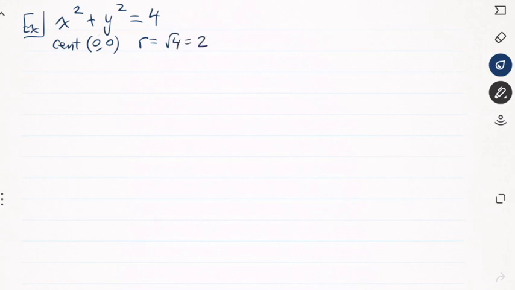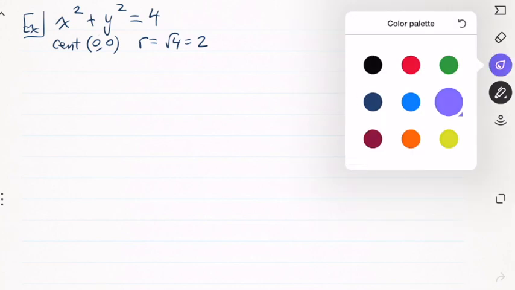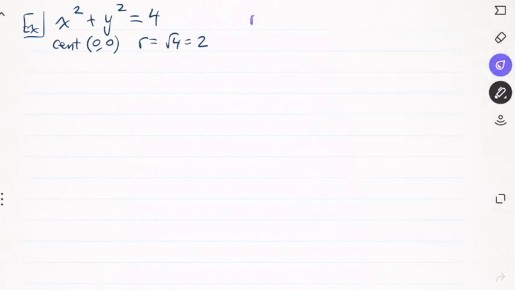So if we go through our formulas and try to find one that's going to work, we have x equals r cosine theta, y equals r sine theta, and we can use these if you want. It just makes things a little messier. And then the third one, x squared plus y squared is equal to r squared.